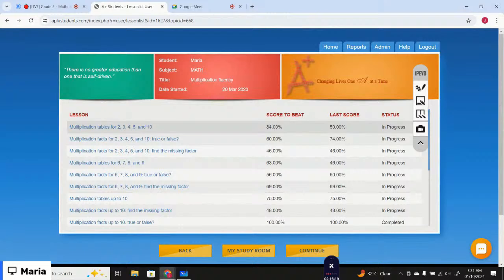The next lesson is multiplication tables for 6, 7, 8, and 9. Let's just start with the lesson.